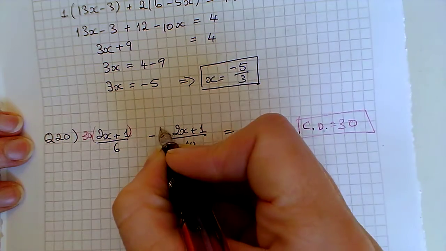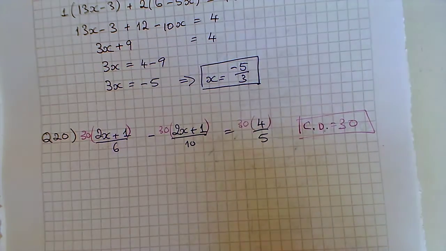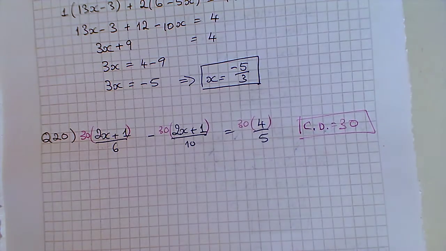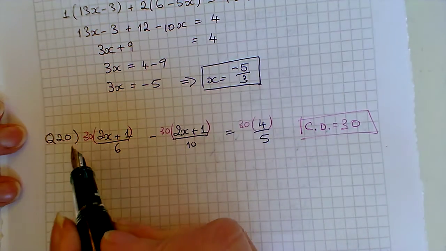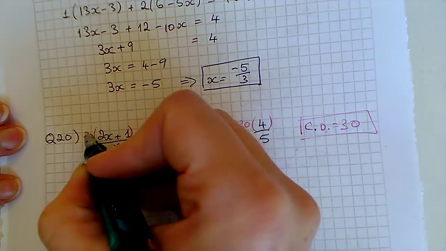So 6 goes into 30, 10 goes into 30, and 5 goes into 30. You can skip some of the writing down, but please don't do it until you feel really, really confident. I mean, how many years have I been doing this for? I will still write down my common denominator on top. It stops you making a mistake.